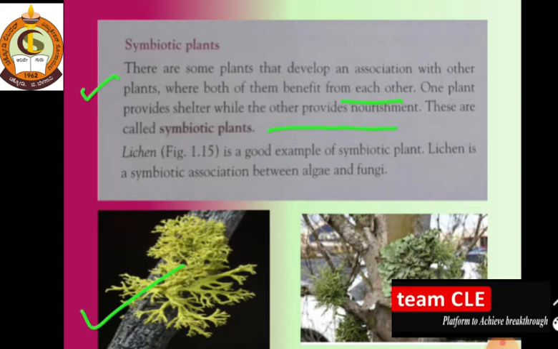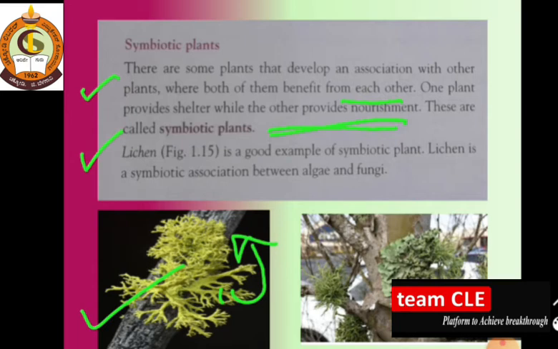So dear students, these are some plants that develop an association with other plants where both of them benefit from each other, and one plant provides shelter while the other provides nourishment. So these plants will provide the nutrients to the main surface of the tree. A famous example of this symbiotic plant is the lichen.